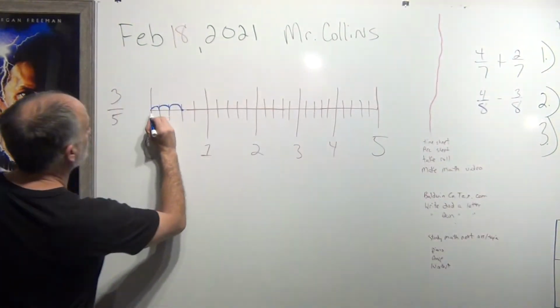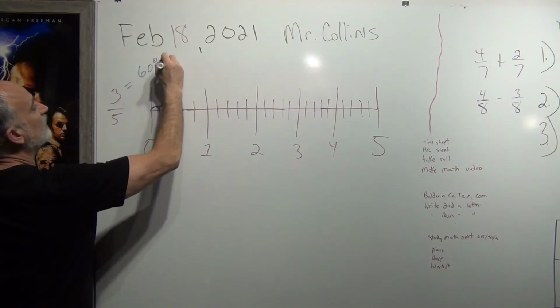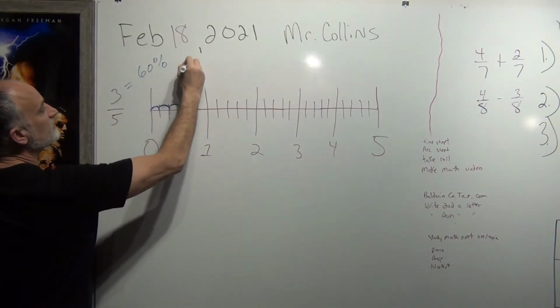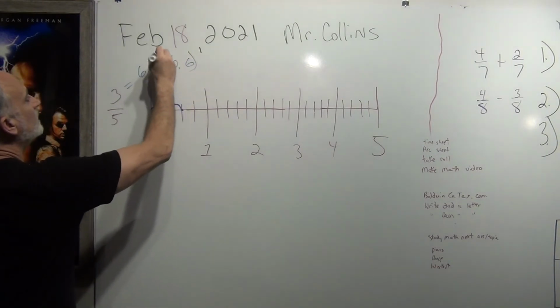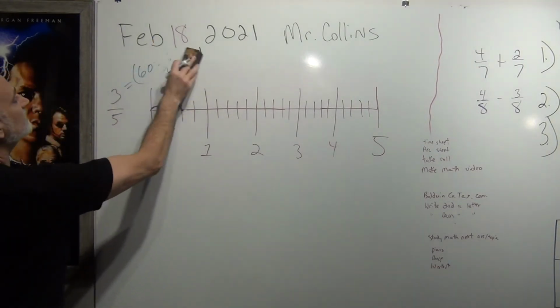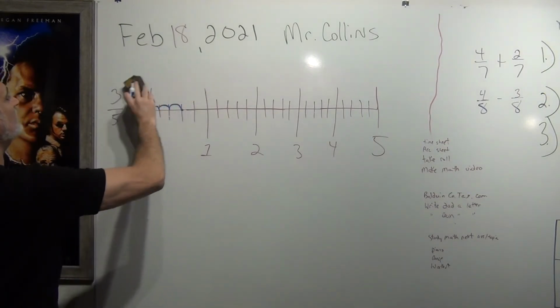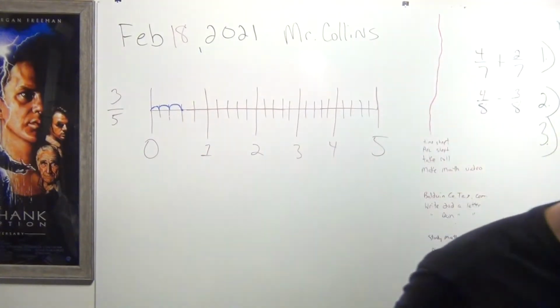So, 20, 40, 60. That can be 60%, or it can be 0.6. If you don't understand that, we'll deal with that later, okay? We're not trying to bite off too much, okay?